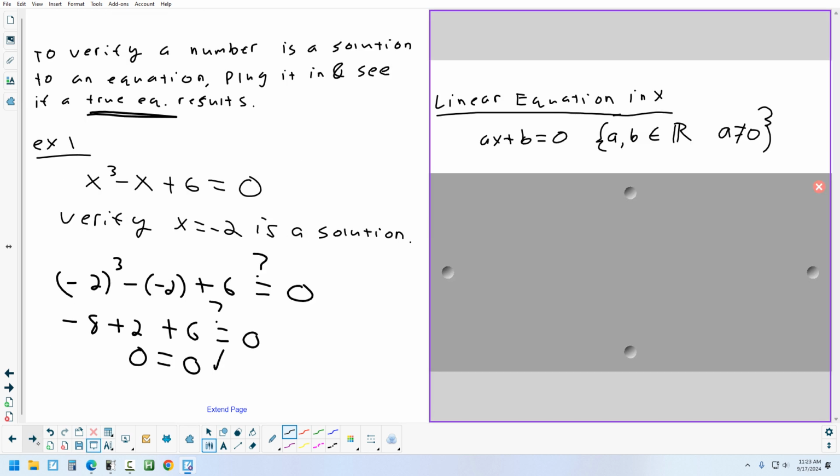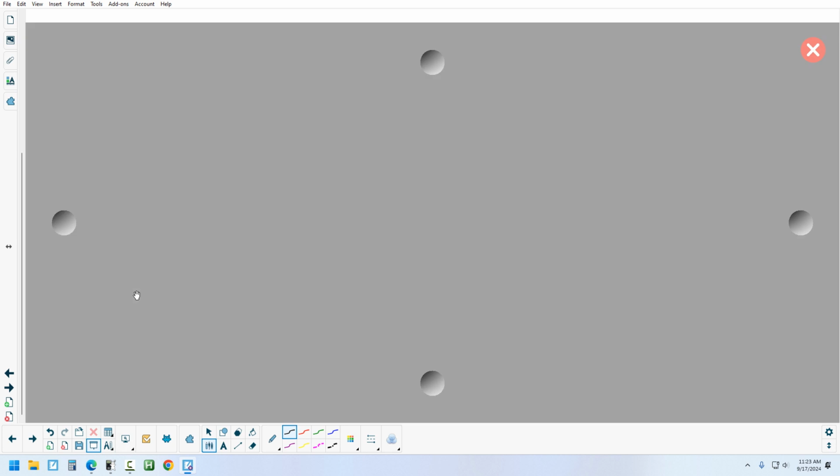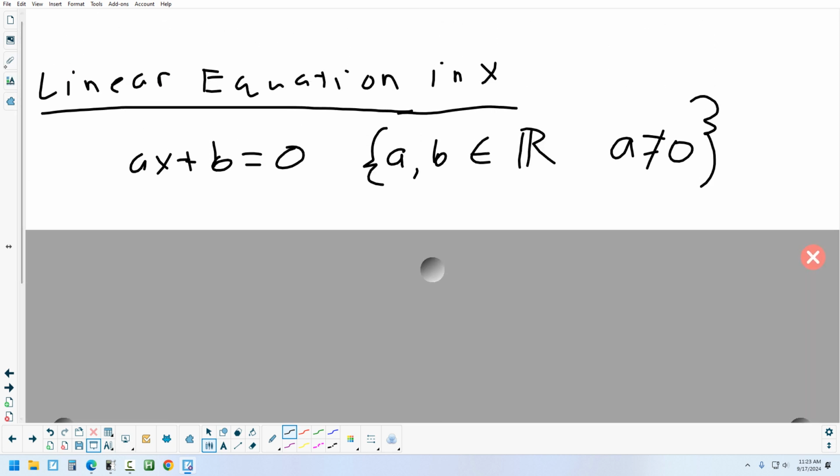Okay. So let's start with linear equations, and then we'll move to quadratics. So in our book, that is the definition of a linear equation. It's of the form ax plus b equals 0, or it could be rewritten to be in that form. A and b can be any real numbers you want. But in our book, to be linear, it says it has to have the x variable.